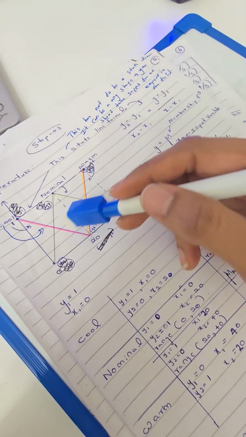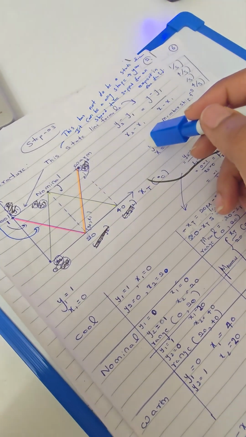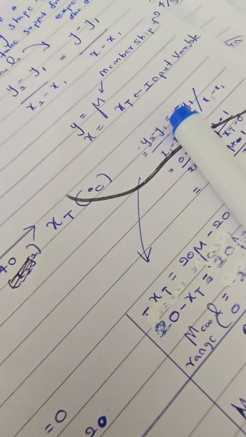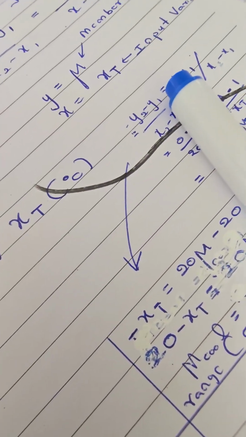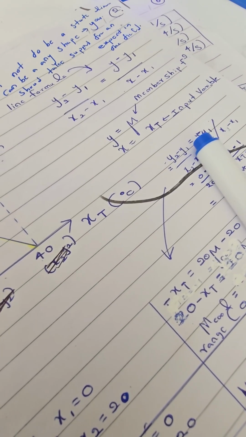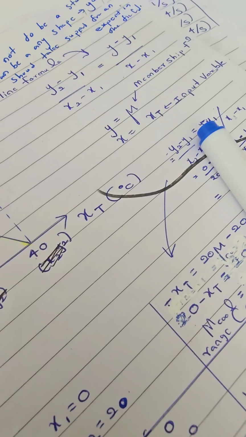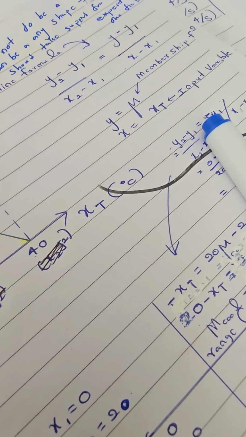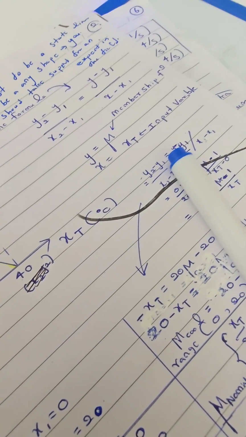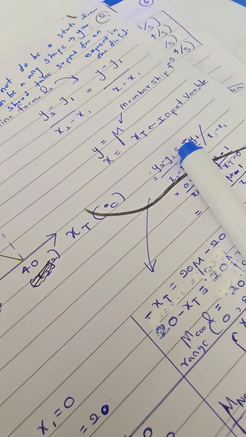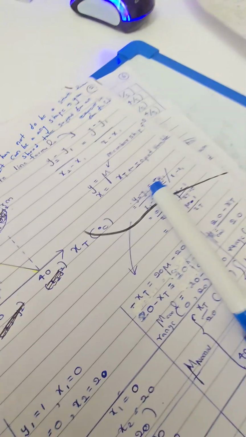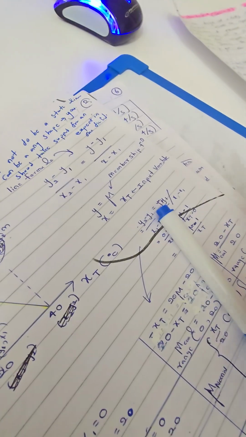Once we made this, we use the 2-point equation and try to find the answer. So the 2-point equation is the way to find the equation of a straight line.